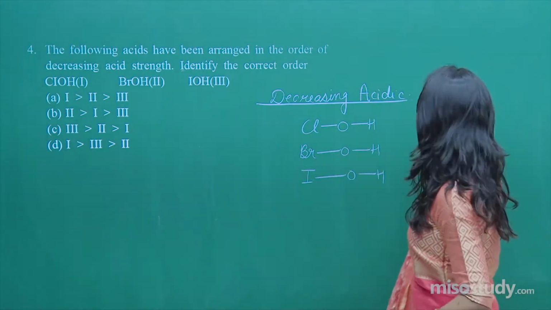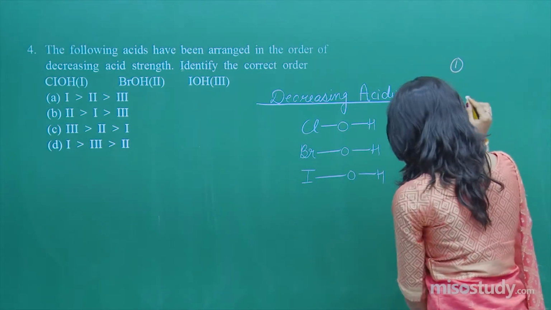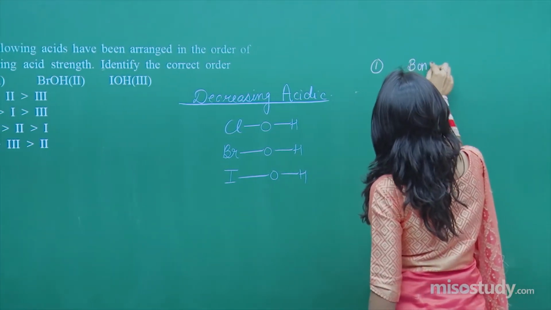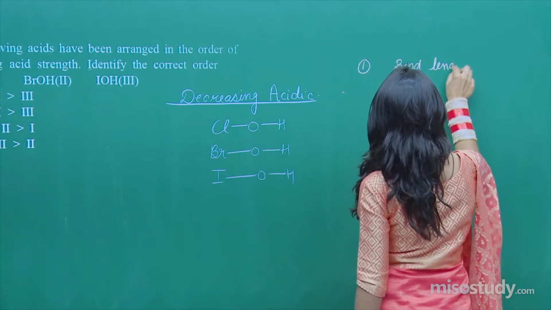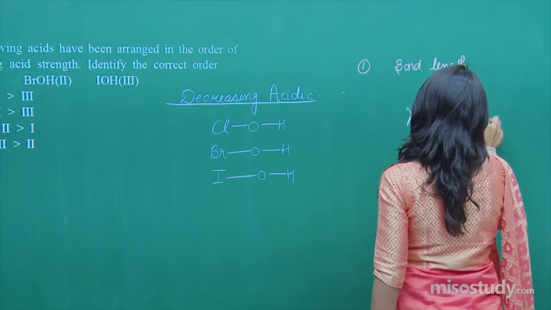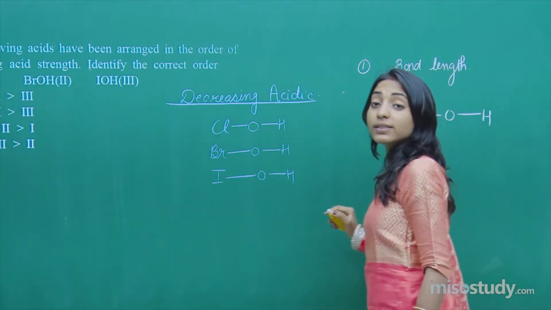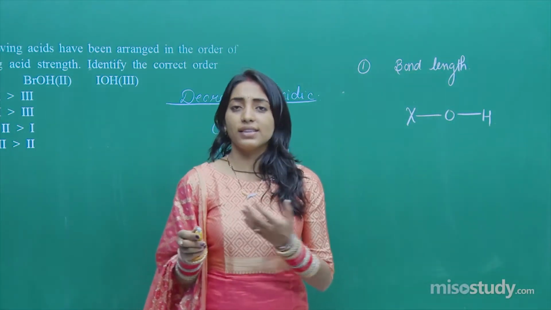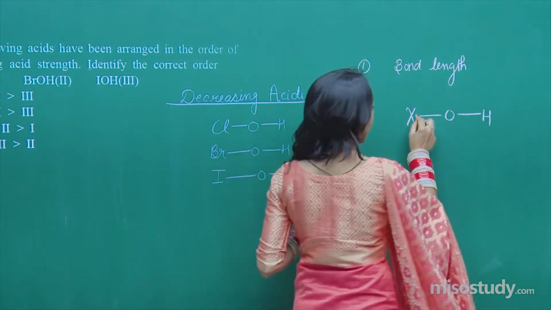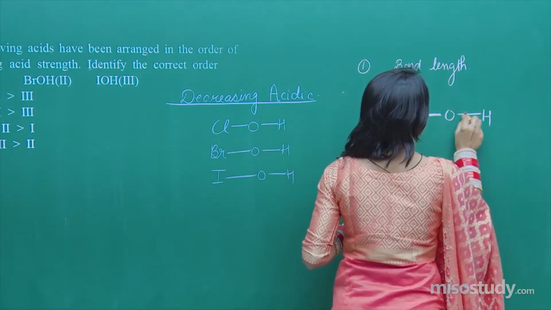I'll start with the first method, which is in terms of bond length. Let's say XOH. This compound XOH can act as an acid or as a base depending upon the bond length between X-O and O-H.